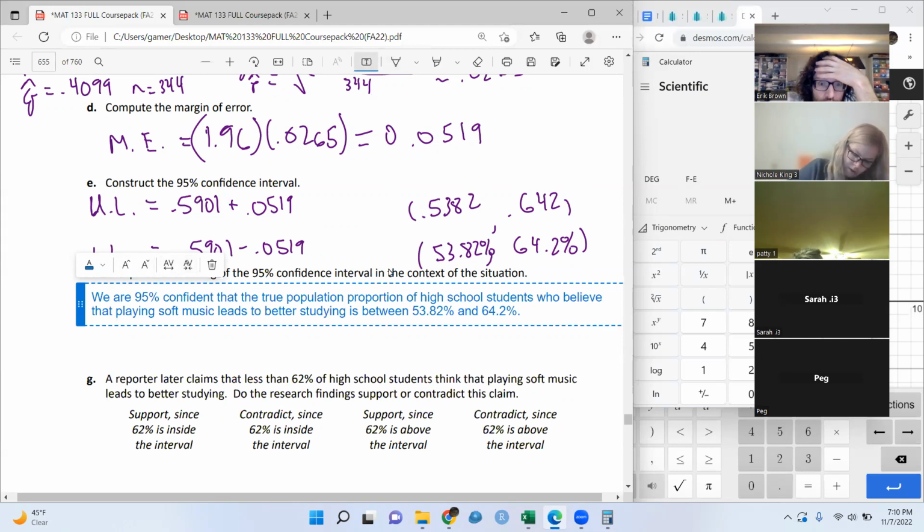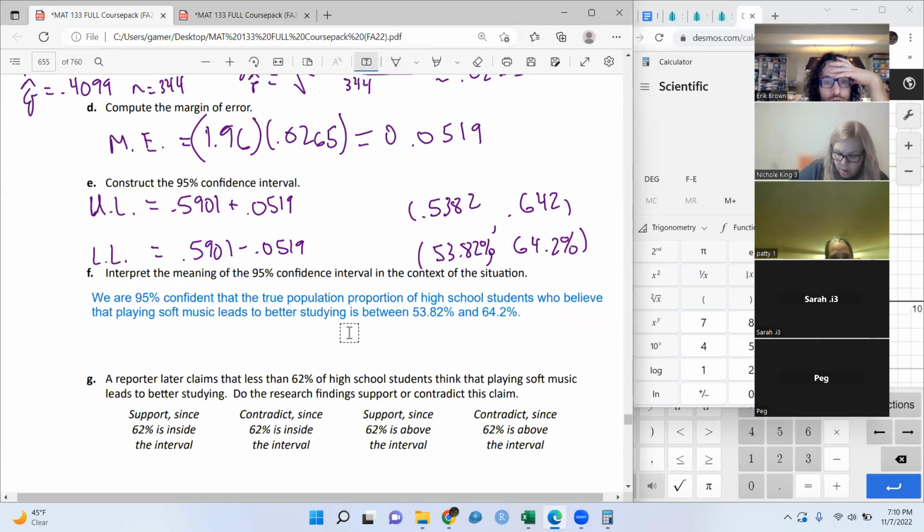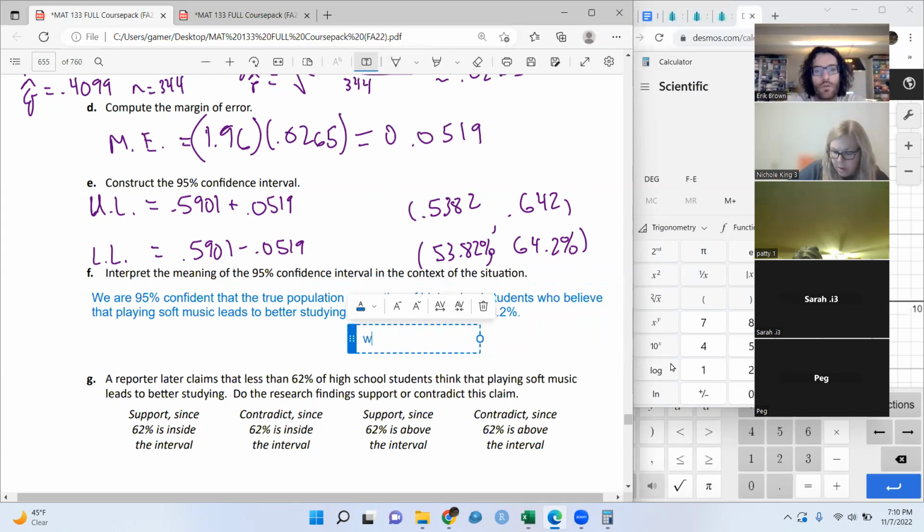One other option, instead of "is between," you could also write "is within." I'm also happy with that.